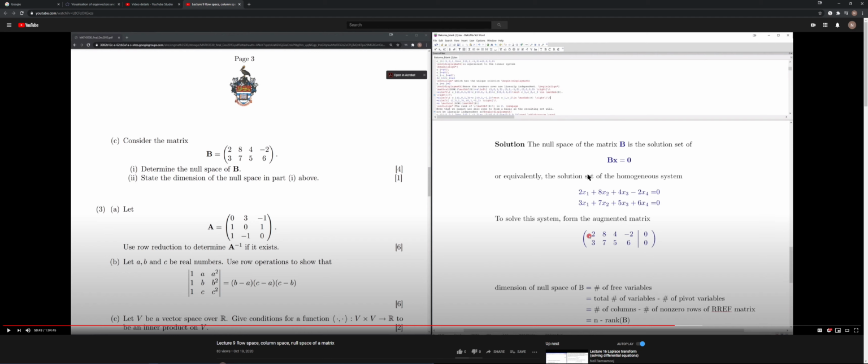So I didn't really need to go through this step of writing out explicitly what the homogeneous system was. What I could have done is, from the matrix B that was given to me, if I'm going to get a null space, directly form this augmented matrix here. Also notice that these zeros here, and I believe we talked about this in lecture 9, you don't really need, because when you do your row operations, this column would always just remain 0.